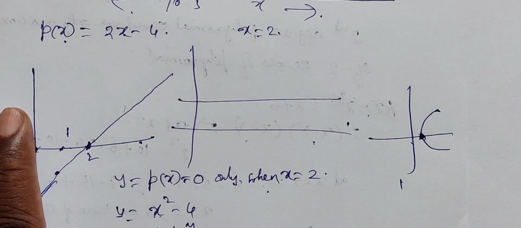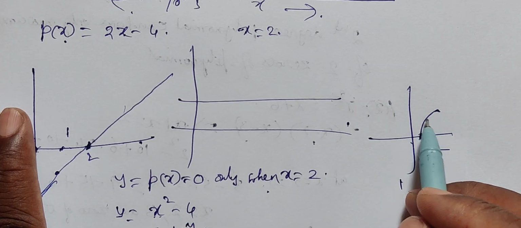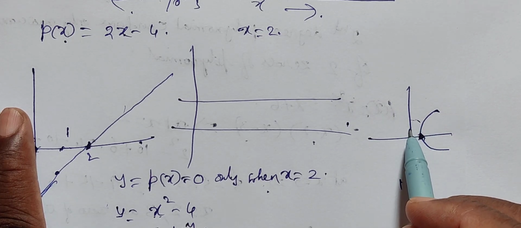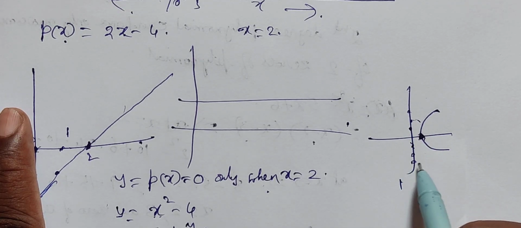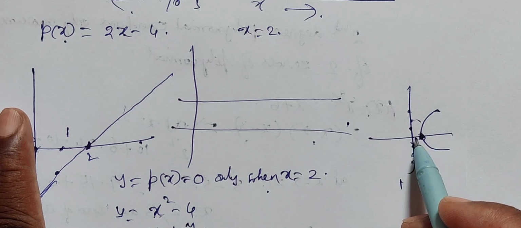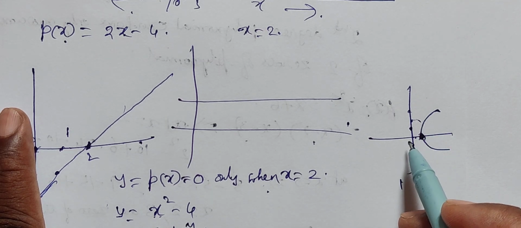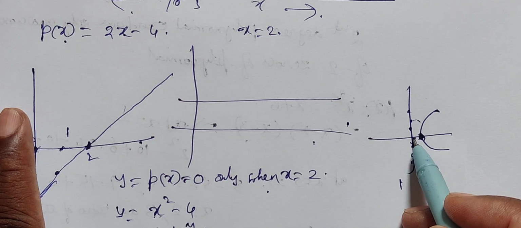See, they are not asking for x, they are asking for the zeros of the polynomial, and the polynomial is given in terms of y. So there, for the y value you will give some input. You give something here, something here, something here. Then for what value of y does x become 0? x is nowhere 0. If at all this curve comes and touches here, then x is 0.